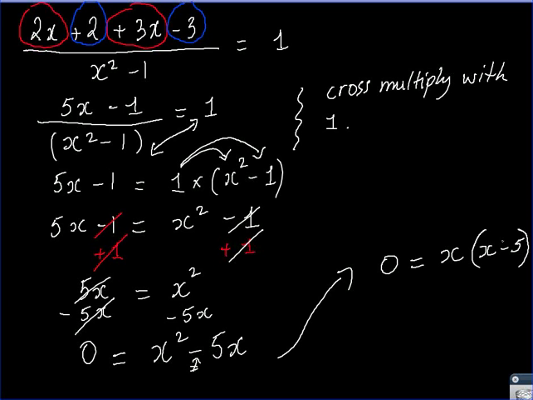Now to find the value of x, I'm going to split this up. Whatever term we have in front of the bracket is always equal to 0. So in our case, we're going to say that x is equal to 0. And for the next one, we're going to say x minus 5 is equal to 0.